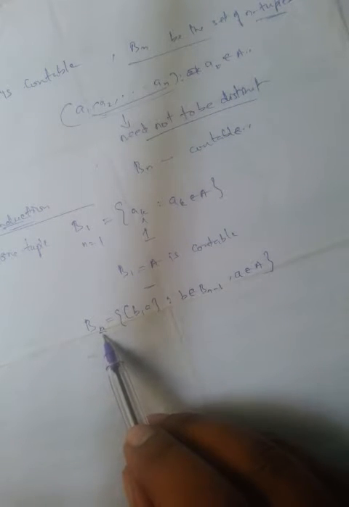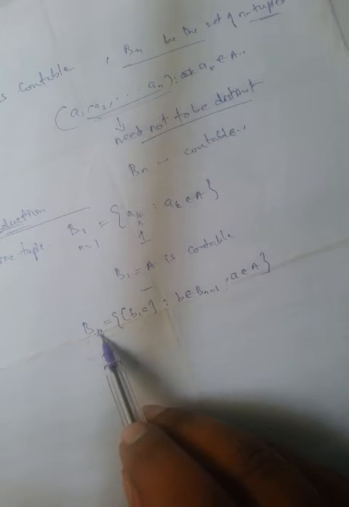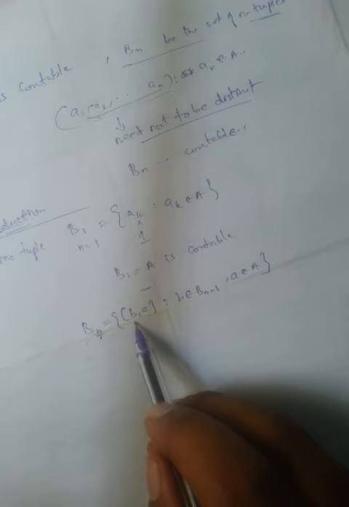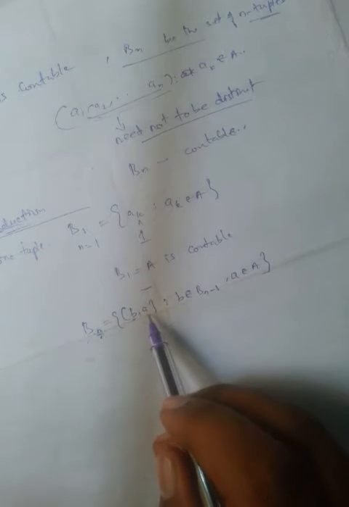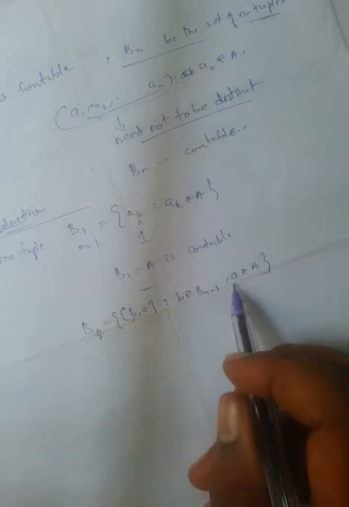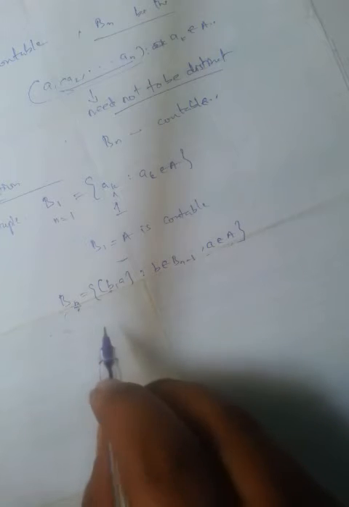Bn is a sequence, so it is not fixed; we are generalizing this n. Generalizing means we are making b fixed, and using this a which is getting changed, where a belongs to A.